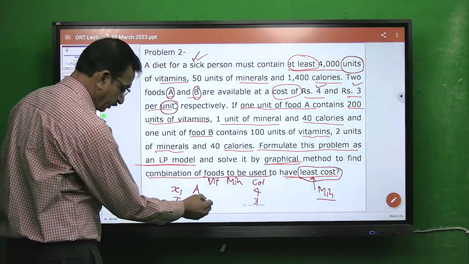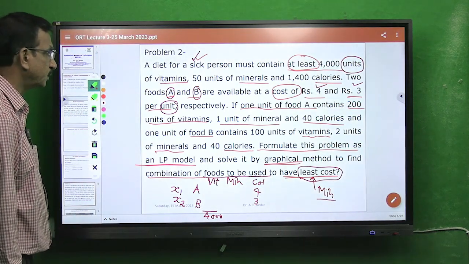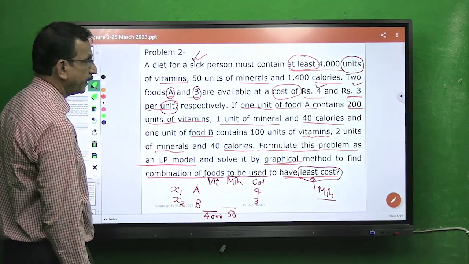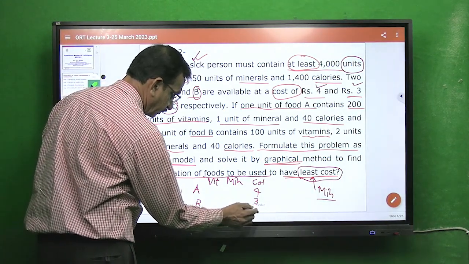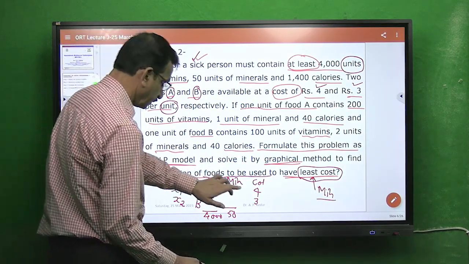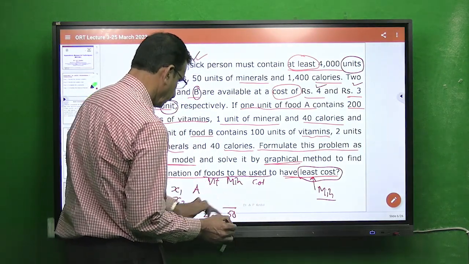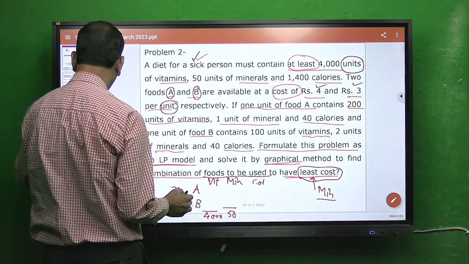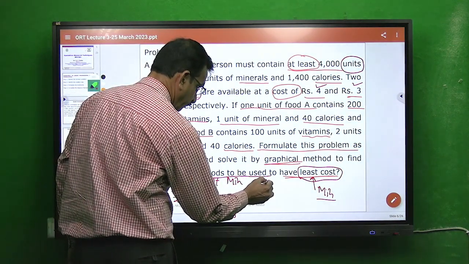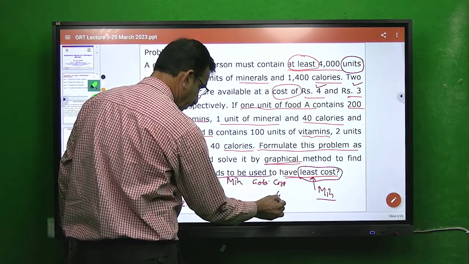Now there are conditions posed on the availability of vitamins. Vitamin total availability is 4000, minerals is 50, and calories, here cost as 4 and 3.